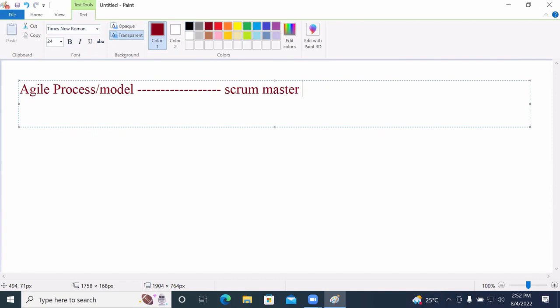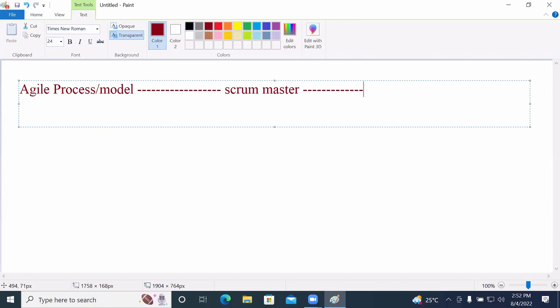So what exactly is the job role of the Scrum Master? Mediator between onshore and offshore here. So the major job role of the Scrum Master, we mention as mediator between onshore and offshore.